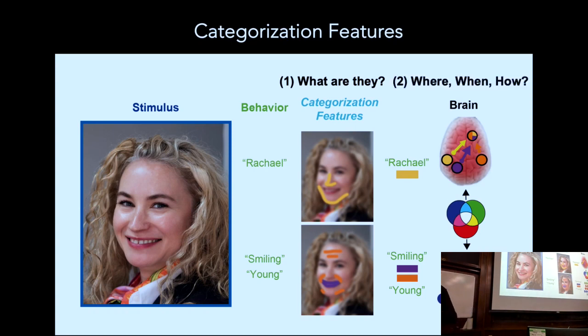And because we don't know what the categorization features are, we cannot know where, when, and how the brain and its model processes them for behavior. And this will very much be the aim of this talk, to address these questions of what the features are, where, when, and how they are processed for flexible visual categorizations of stimuli.